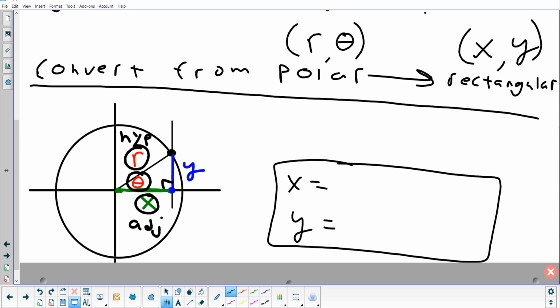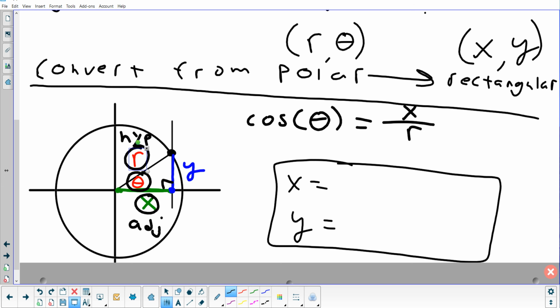And what trig function has adjacent and hypotenuse in it? Sine, cosine, or tangent? Cosine. So the cosine of my angle equals adjacent over hypotenuse. My angle is theta. The adjacent is x and the hypotenuse is r.